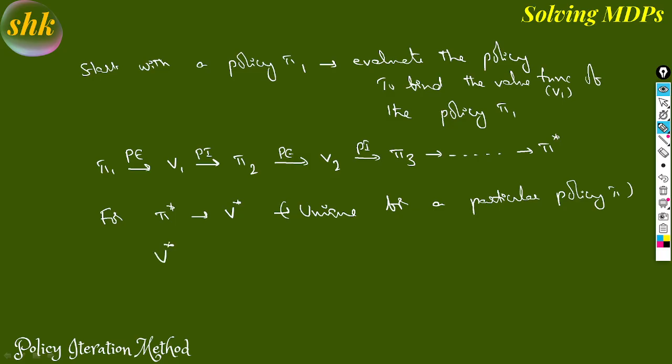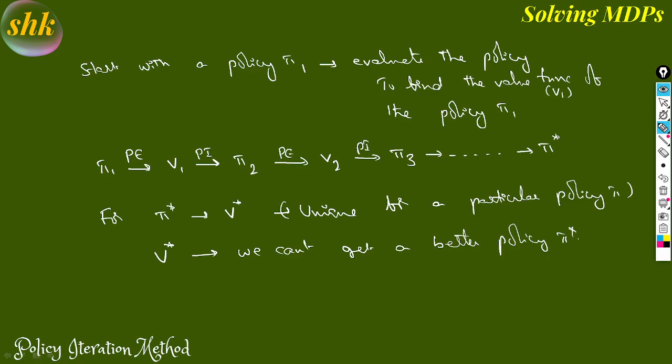Once we attain the optimal value function v star, we can't get a better policy than the optimal policy, that is pi star.